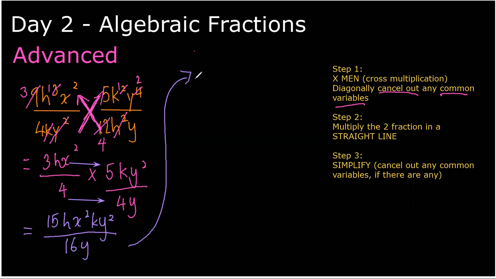Okay, and over here, I can see that I can actually cancel out some stuff, right? Because there are still some common variables which allow me to cancel. For example, the y over here, I can fully cancel with the y here. And basically that's it. I cannot really cancel any other things.